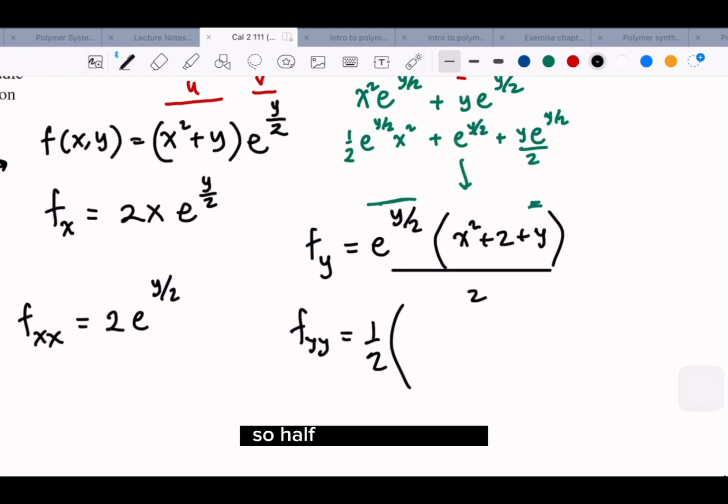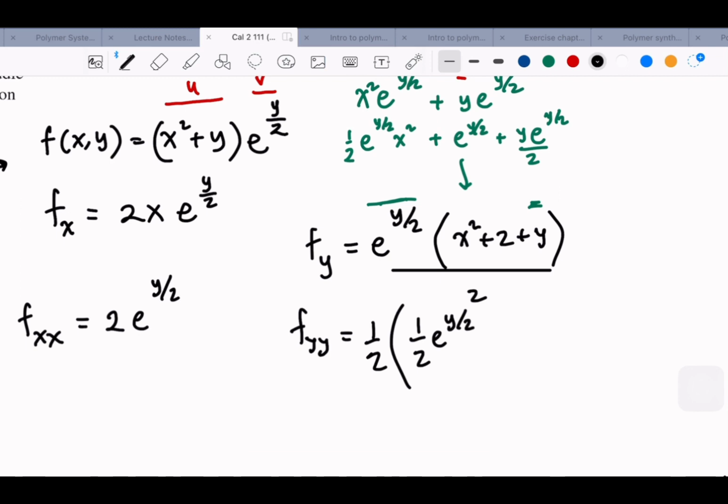So half e y over 2. And then this will be, need to be 4, right? 4 plus x squared plus y, right?